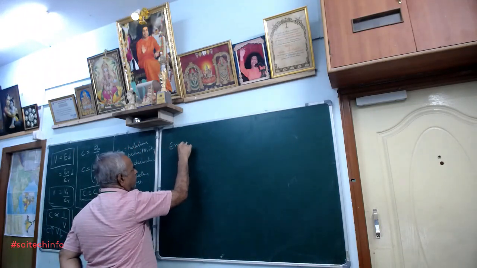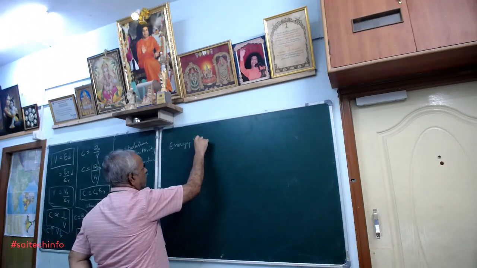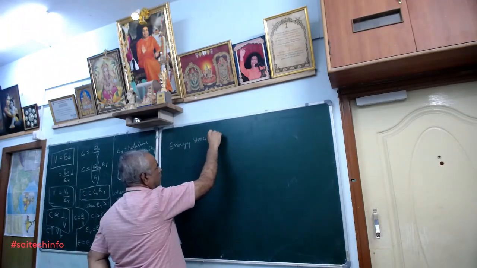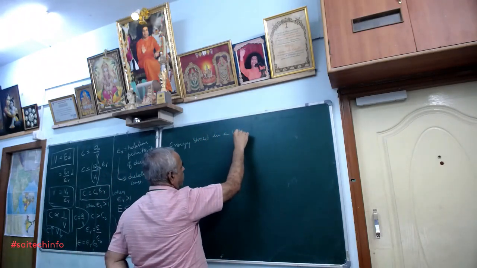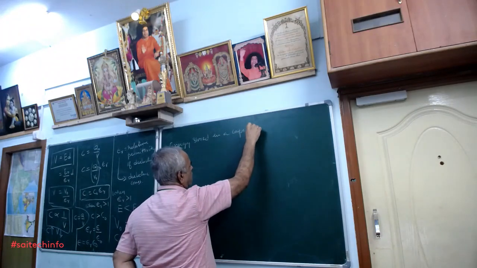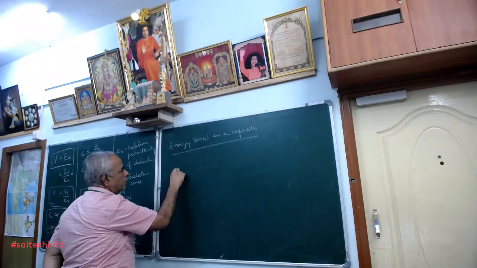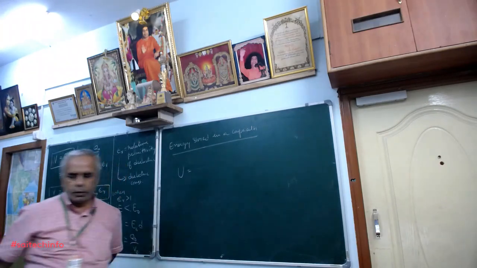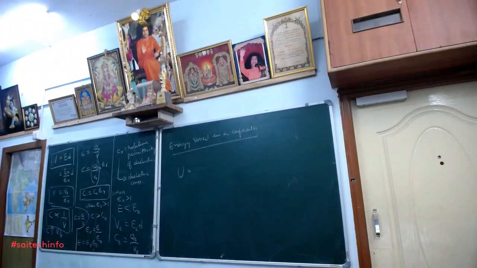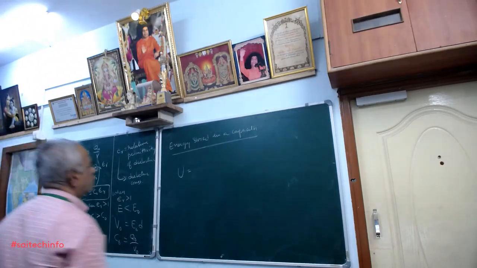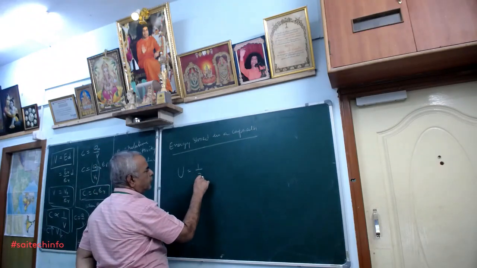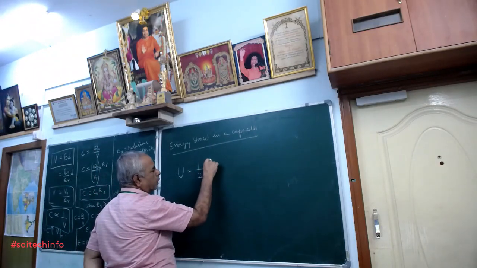Energy stored in a capacitor can be represented by U. So U is equal to, what is U? The energy. It is given by half into Q naught square divided by C.